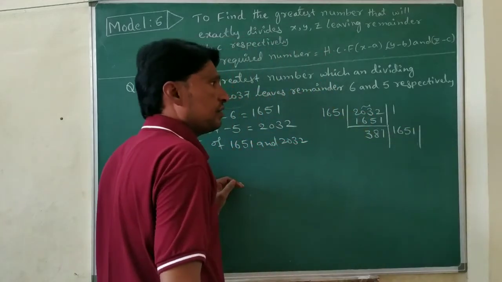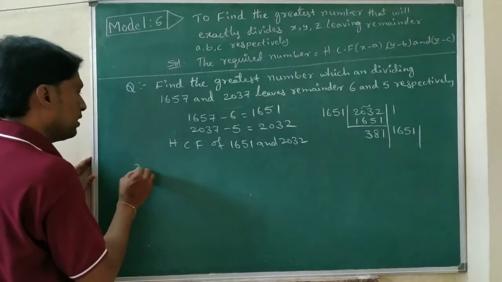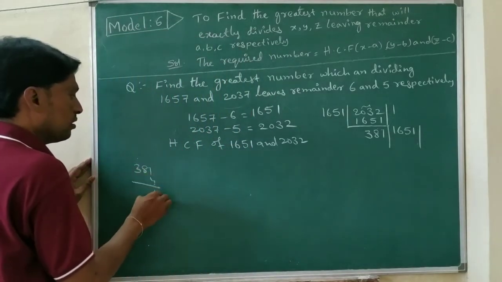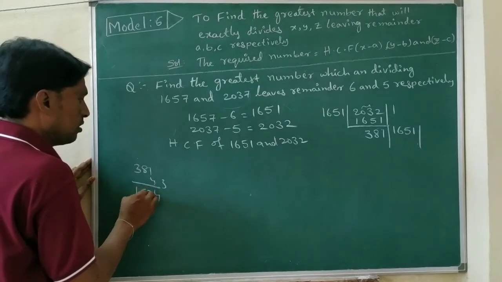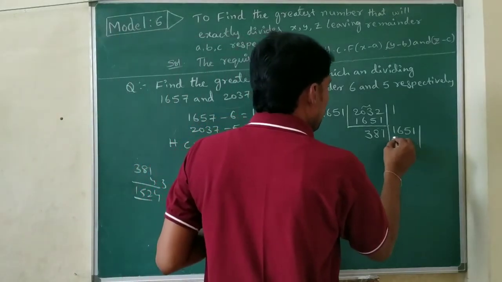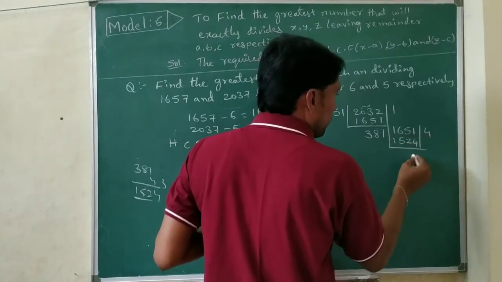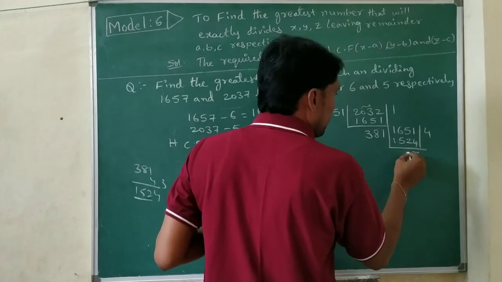So 381, 381 fours, check it once. 381 fours are 1524. Fours are 1524. Subtracting, here 7, here this is 2, this is 1.